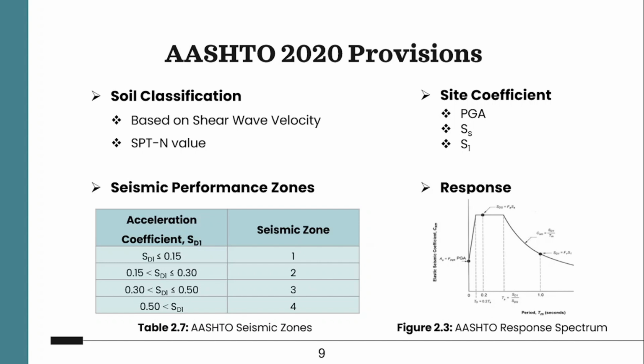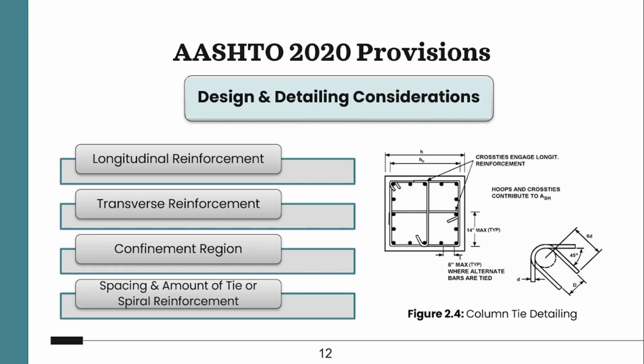So what we'll do is that we'll take the PGA and other values from the BNBC and we'll incorporate them in the AASHTO 2020. So the soil classification will be done based on AASHTO 2020 provisions, and the response spectrum that will be generated will also be based on the AASHTO 2020 guidelines. Now the design and detailing guidelines will also be according to AASHTO 2020.